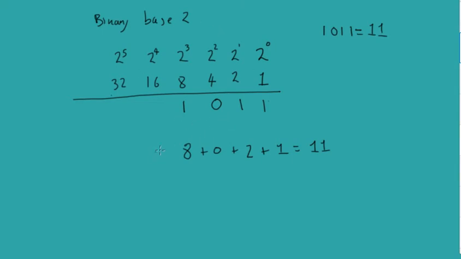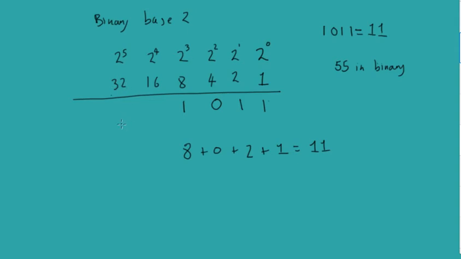Now, how would we take a number? Let's take the number 55 and write it in binary. So let's look here, and we say 32 is the number we've got here. Can we put 55 into 32? Yes, we can.